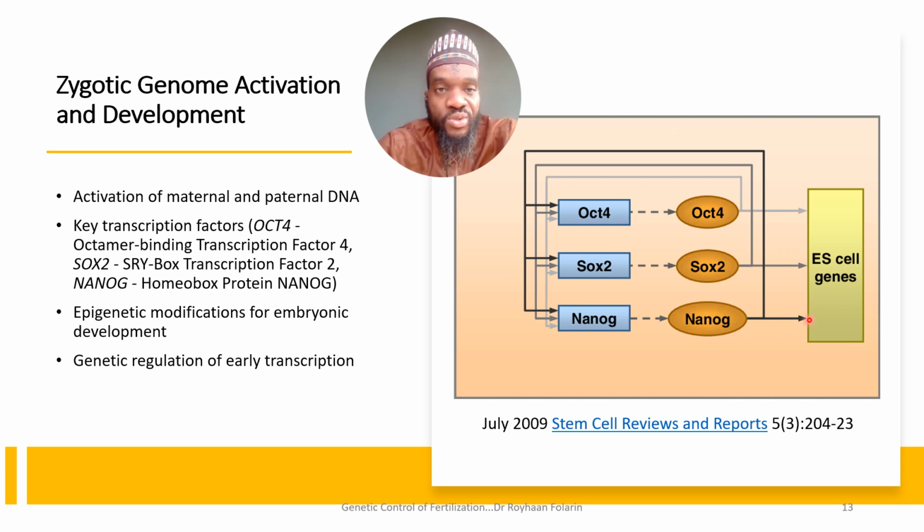Epigenetic changes such as DNA methylation and histone modification, which we discussed in gametogenesis, also guide this early development. So here is a figure of an interconnected autoregulatory circuit.